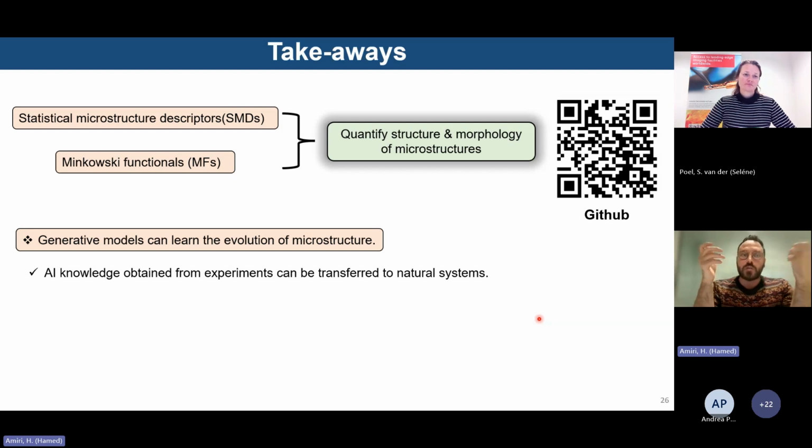But our studies suggest that if we can use these Minkowski functionals and SMDs and incorporate them into the modeling, it can probably improve the predictive ability of those reactive models at larger scales.